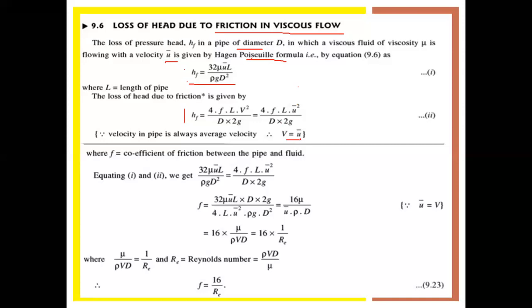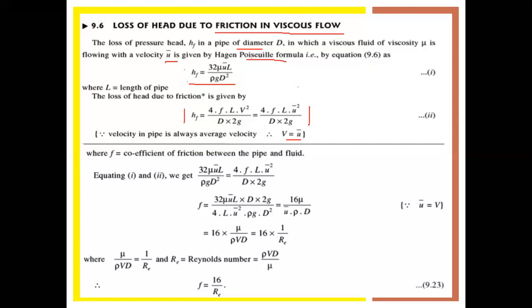Generally, in a pipe, if a fluid is flowing, maybe water or any other oil, the velocity will always be equal to the average velocity. That's why in some cases you can write capital V, or in some cases small u bar. Depending upon the question, you can convert V equals u bar, or u bar equals V.